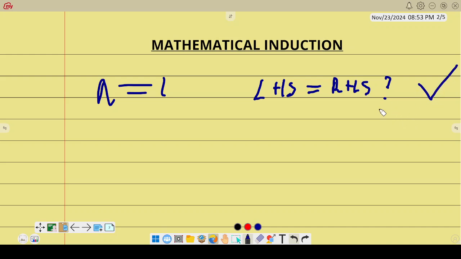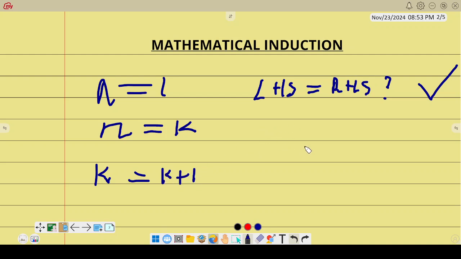If it's true, then step 2, you let n is equal to k. Where there's n, you put k. You assume that since n is equal to 1 was true, then for k it is also true. Then we prove that after k, the value that comes next is k plus 1.